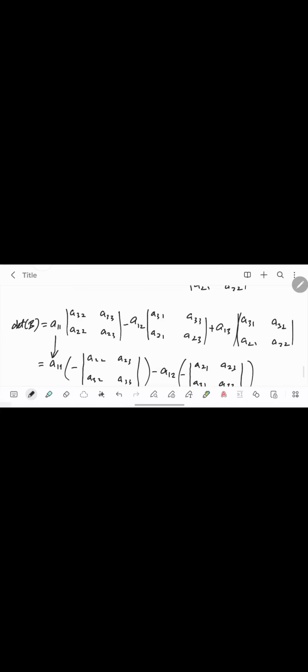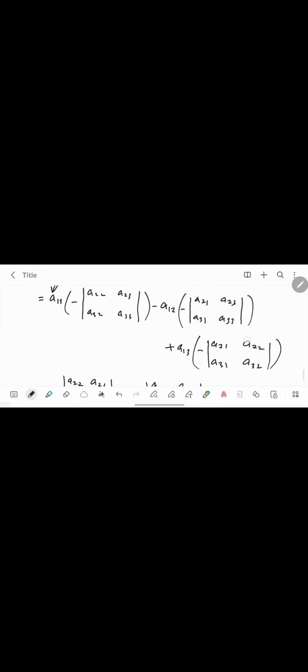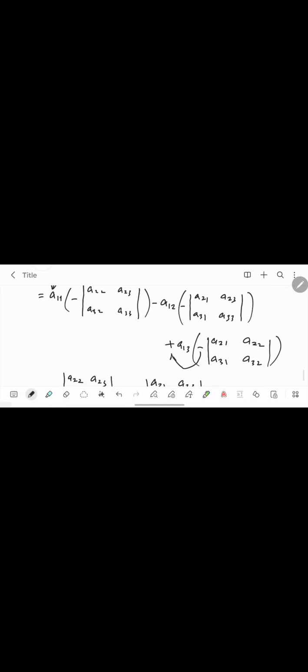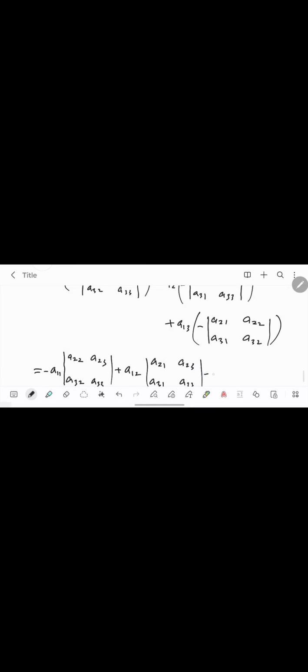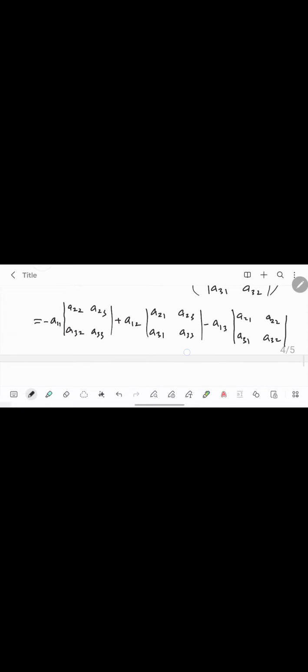Okay? Multiply this minus with this plus, it will become minus A13, and again write this determinant as it is, A22, A31, A32. Okay? This is the determinant of B.